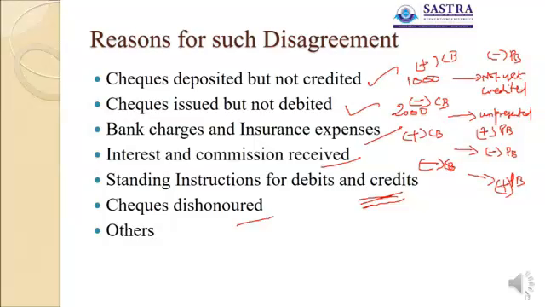Until then, the cash book's balance will always be higher and the passbook's balance lesser. This is for checks received and deposited that are dishonored. And for so many other reasons, the bank balance differs from the bank column of the cash book balance.